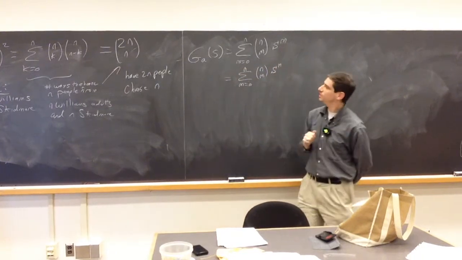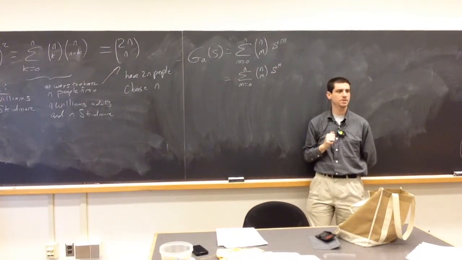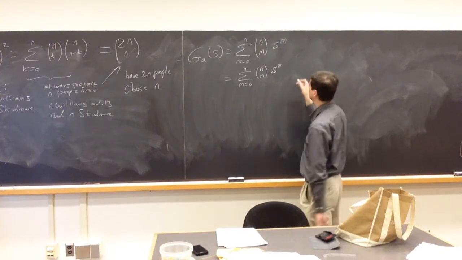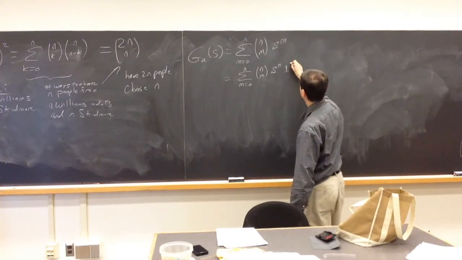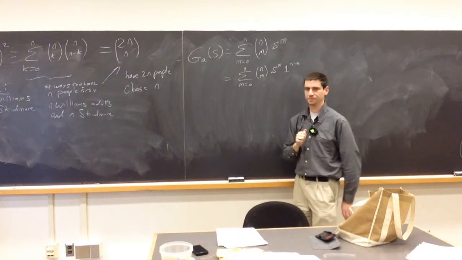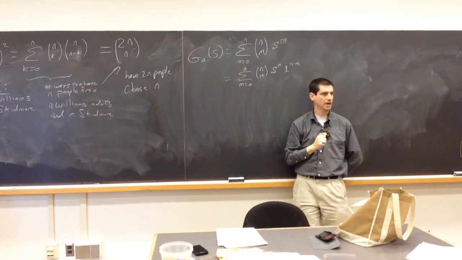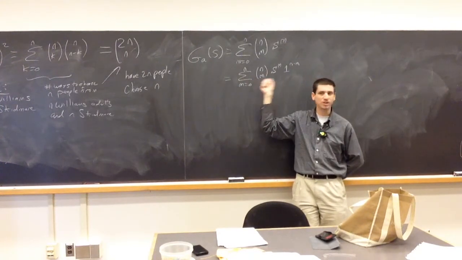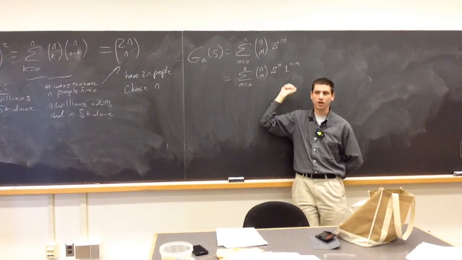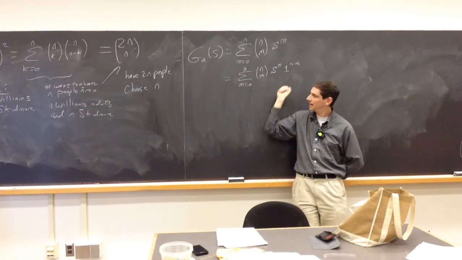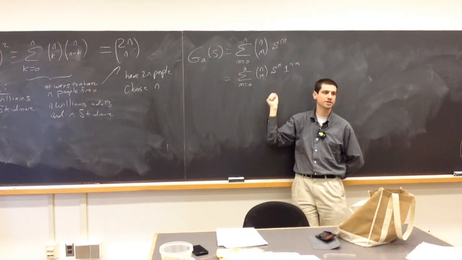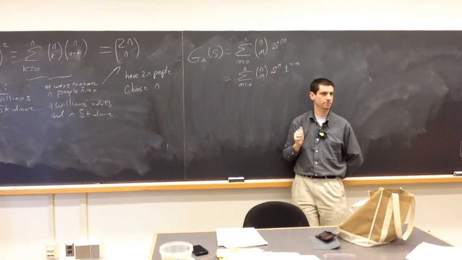I claim I shouldn't really view this as just s to the m. I should really view it as s to the m times 1 to the n minus m. And again, I can multiply by 1 at will. I'm not changing anything. But when I write it like this, hopefully it highlights what's going on and how you should look at this. This is the binomial theorem.